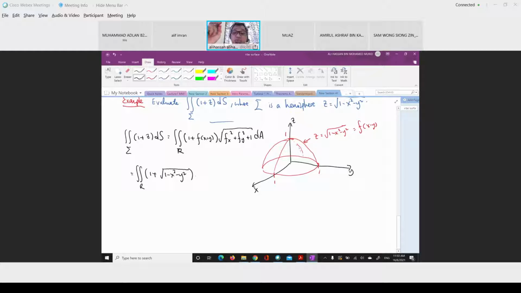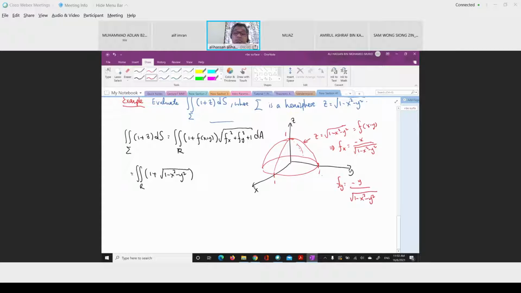And what is f partial x here? Use the chain rule. It's minus x over the square root of 1 minus x squared minus y squared. And f partial y is minus y divided by the square root of 1 minus x squared minus y squared.